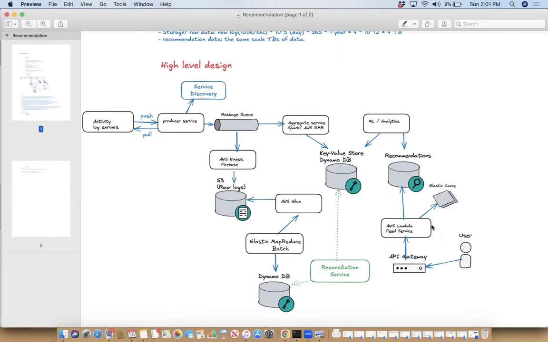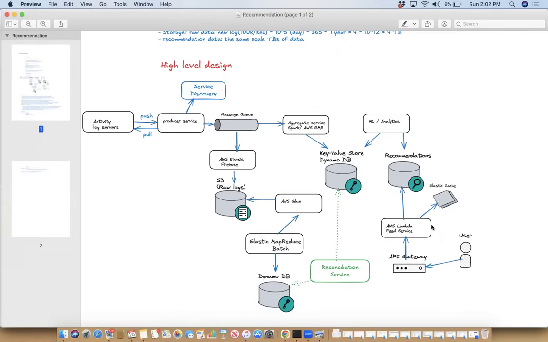However, we could also make this a push model, so that some other service, after we create these recommendations, like a fan out service, reads these recommendations and writes directly to the database and cache, making it available for AWS Lambda.